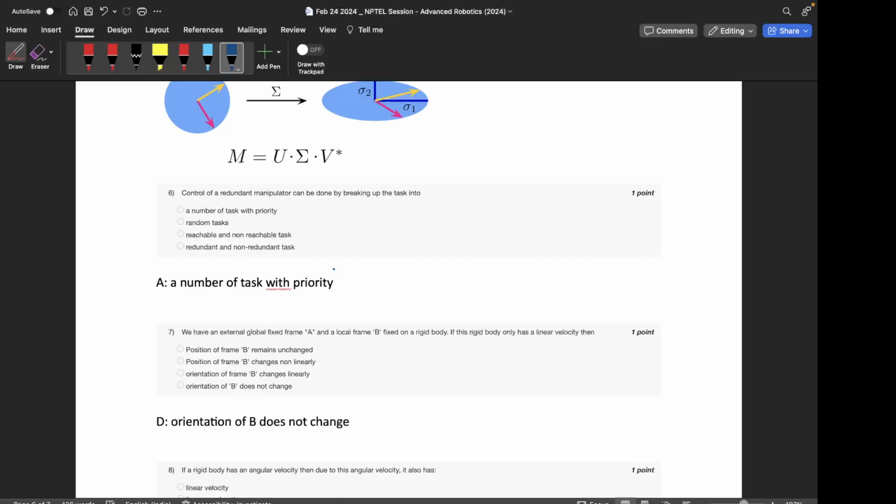With a redundant manipulator having enough redundancy, I can achieve all three of these, in such a way that a task with higher priority is not violated when I satisfy a task with lower priority. So it's called hierarchical control of the manipulator. I'm not sure if this will come up later in the course, but all these possibilities open up when we have redundancy in the manipulators. So it makes control also quite interesting.